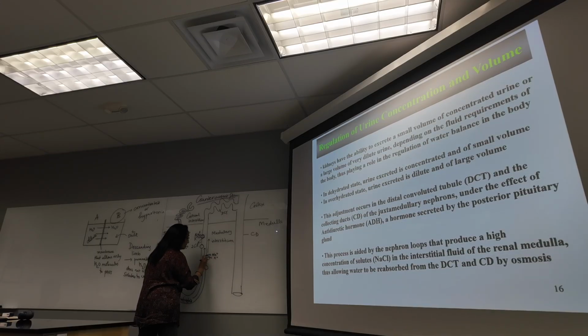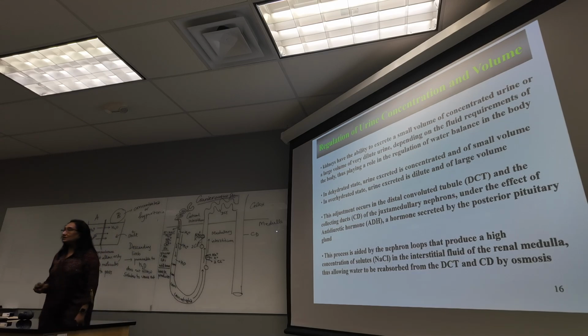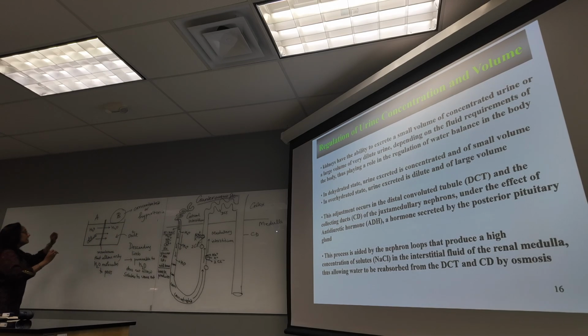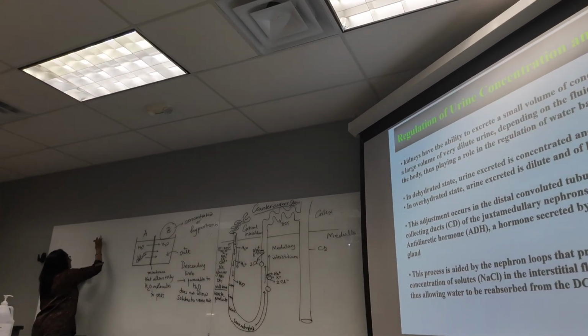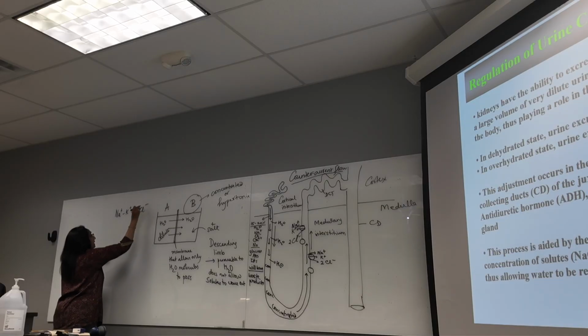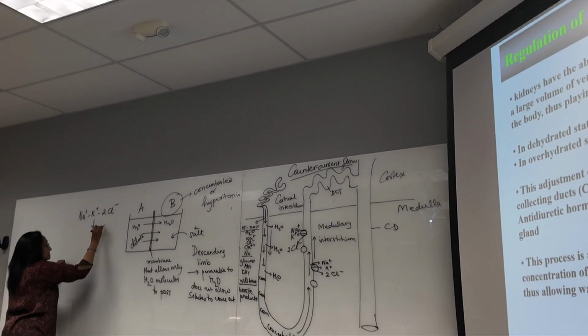So these transporters that you find in the ascending limb of the loop of Henle are called sodium, potassium, 2-chloride transporters.